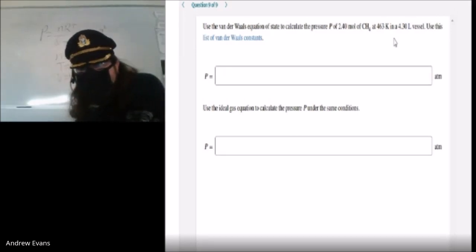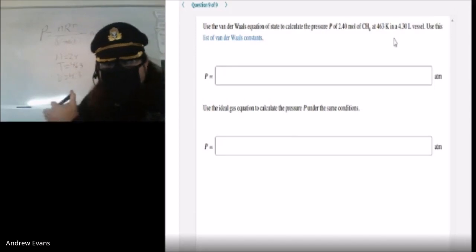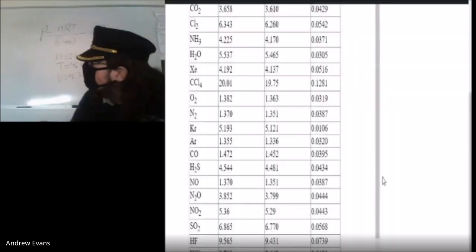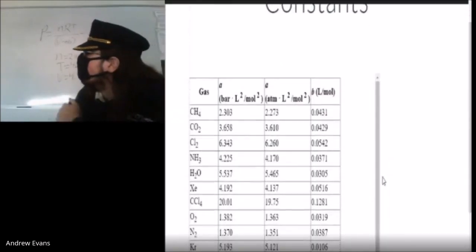This is methane. So for methane, we have to look up what our values of a and b are. We want to find methane. Fortunately, it's at the top. So we want this value because it's asking for atmospheres.